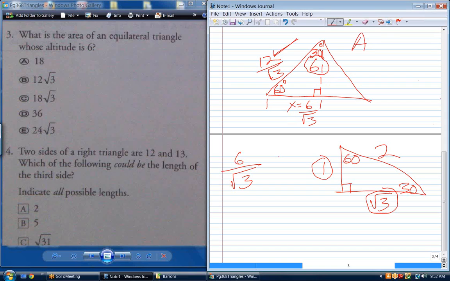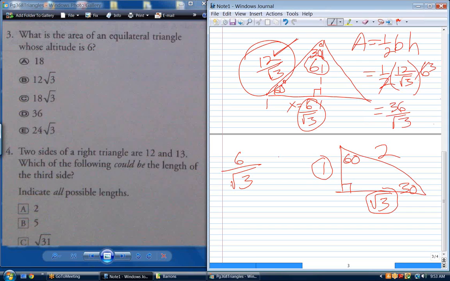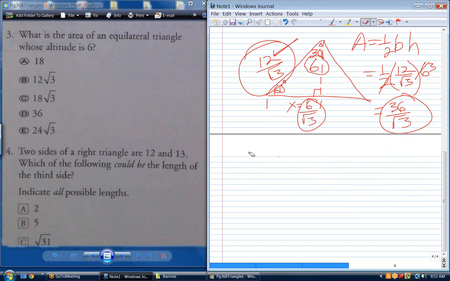Well, since the area of my triangle is 1/2 base times height, I know it's 1/2 that is my base, or twice that is my base, either way, times the height, and all of that becomes 36 over root 3, which you're never going to see as an answer on a test because we have an irrational denominator.